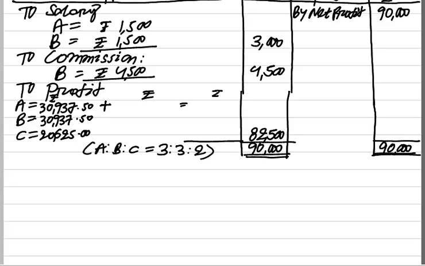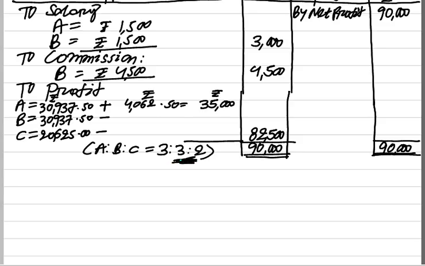Now the deficiency: A's share of profit should be not less than rupees 35,000 as given in the question. 35,000 means he has a shortage of 4,062.50. This money is to be borne by B and C, in the absence of any information, in the ratio of 3:2.